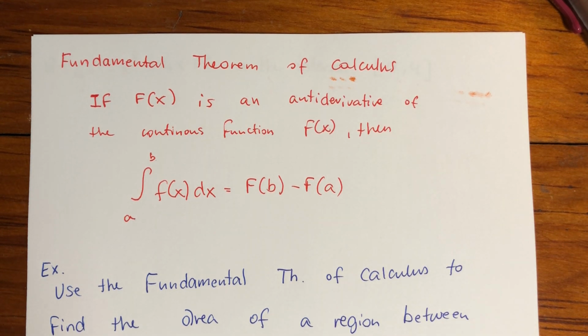What it helps you do, or one of the very, very important uses of it, is when you have a function that is given, the function needs to be continuous, you can graph that function and you can find the area under the curve. And you will see, we'll just do some basic examples here, and this is going to clarify everything.